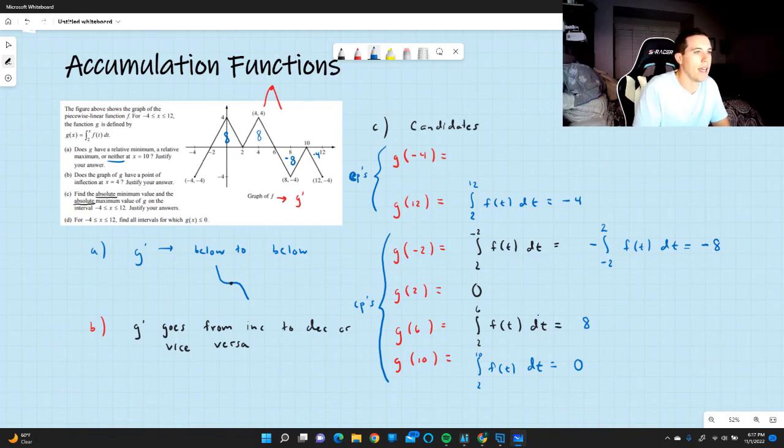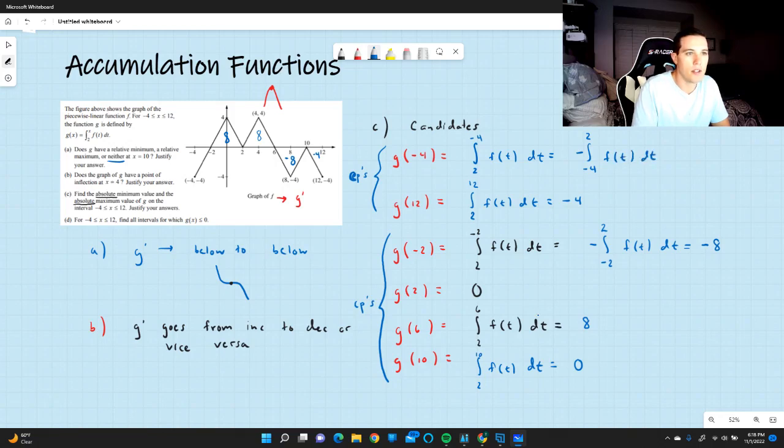And last one, we have from 2 to negative 4, f of t dt, which is, again, out of order bounds. So I'm going to flip the bounds, accumulate from left to right, and make it negative.